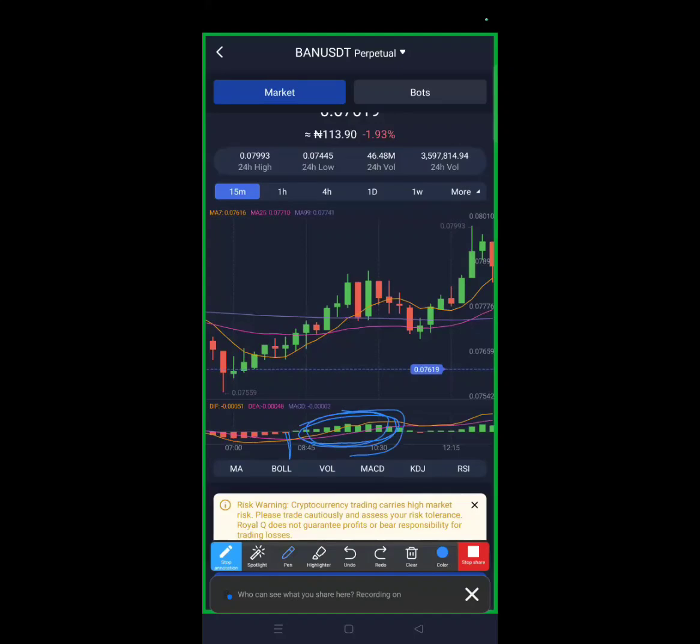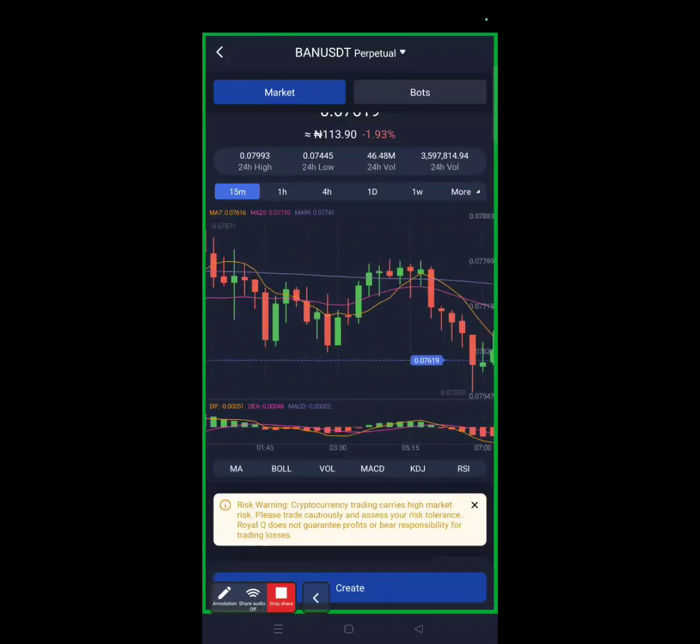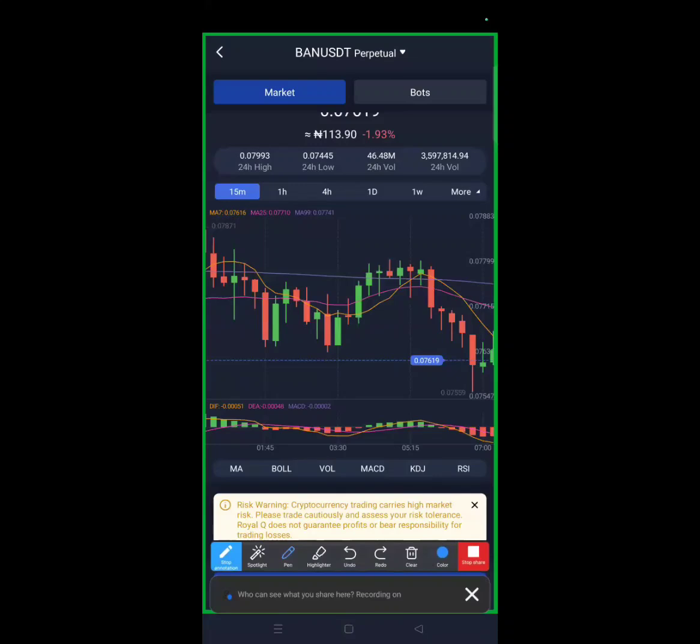If you also check past, you'll notice here also the golden cross, though this one is not really clear.